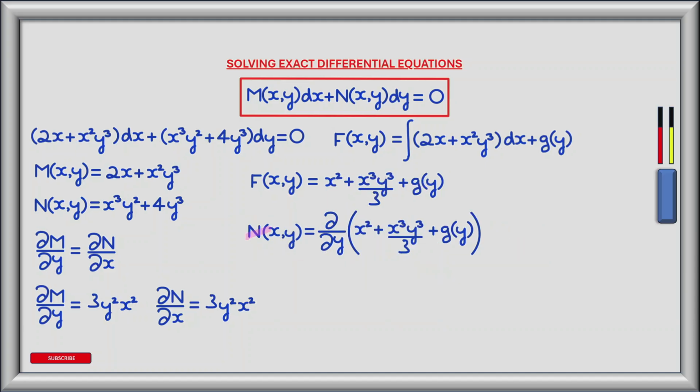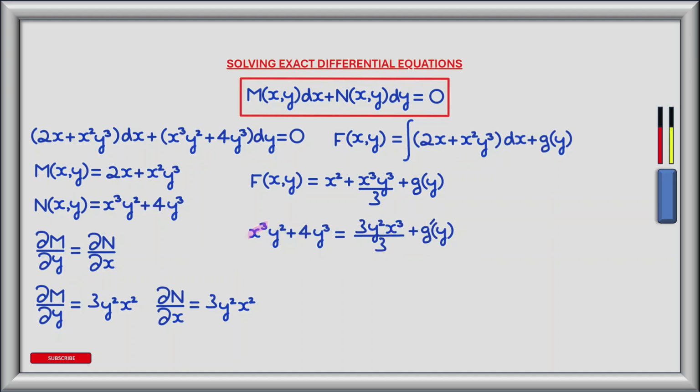And so n is equal to the partial derivative with respect to y of x² + x³y³/3 + function g. If we now substitute for n, which is this expression here, and take the partial derivative, we get x³y² + 4y³ is equal to 3y²x³/3 + g'.